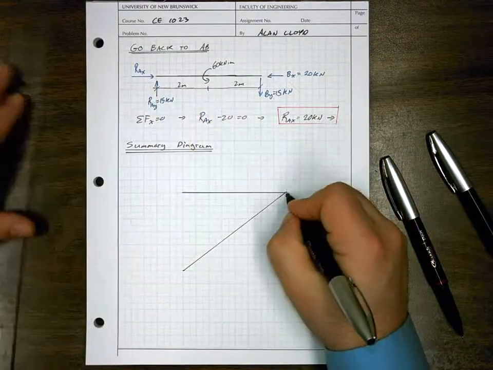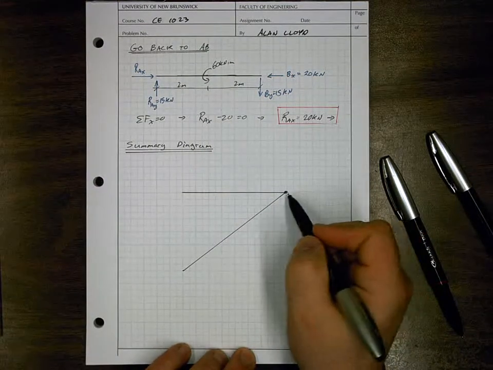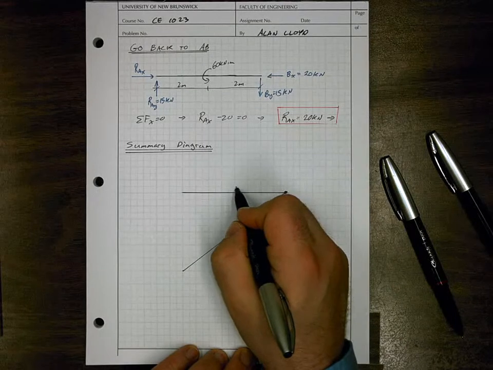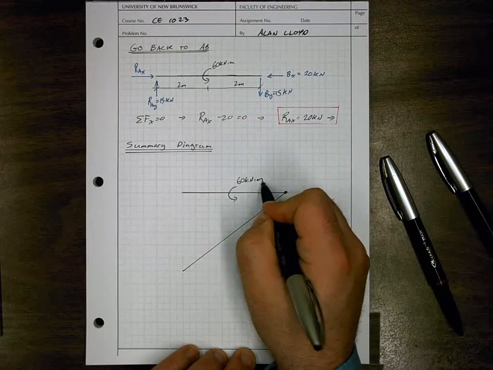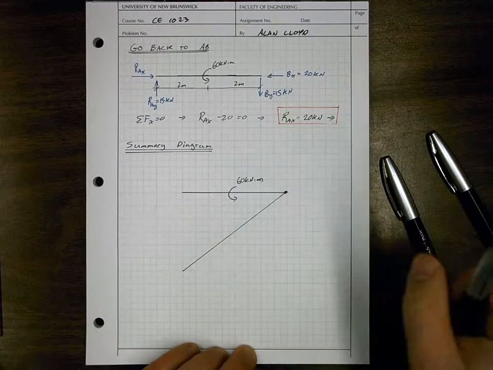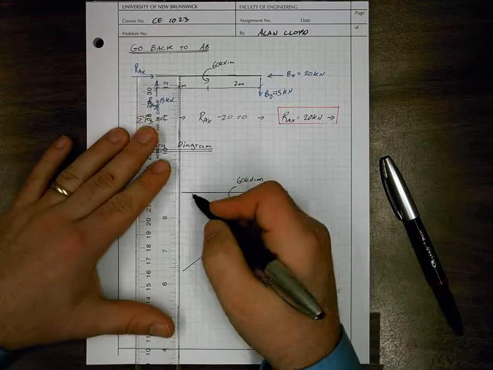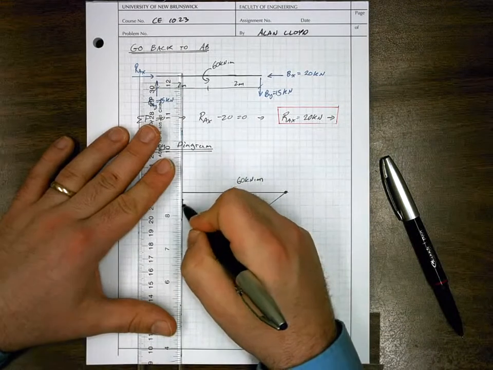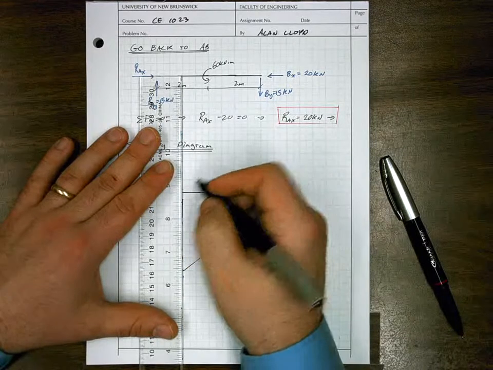Alright, so here's joint B, and if it's placed back together, the internal forces cancel out. We know we have a 60 kilonewton meter moment in the middle, and we have some reaction forces. We have a reaction force acting up and a reaction force acting down at the support.